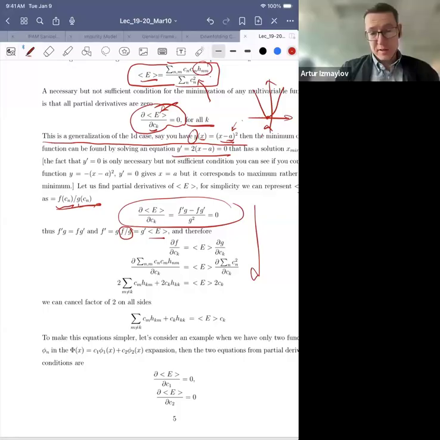For every coefficient c_k you get its own equation. And again, to avoid the level of abstraction, we could just consider the simple case where we have only two functions in this derivation. These two functions have coefficients C1 and C2, right?